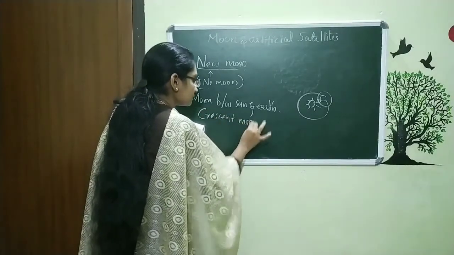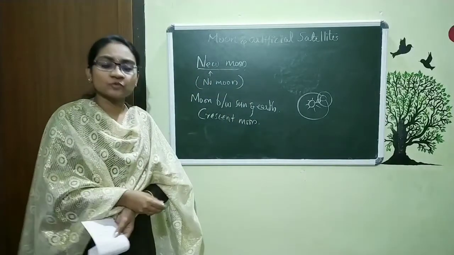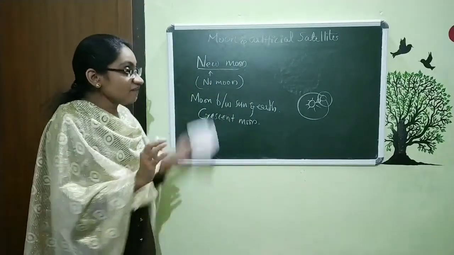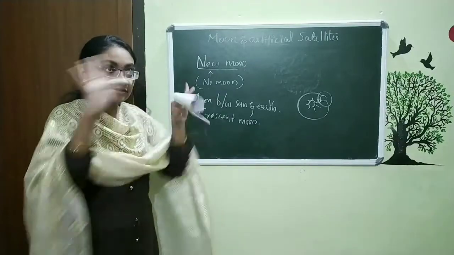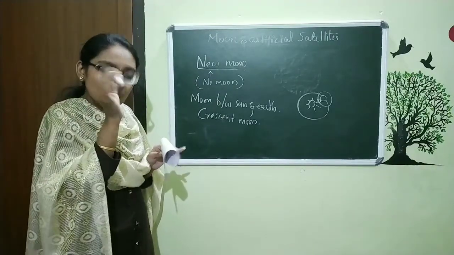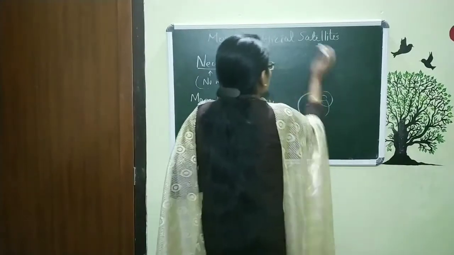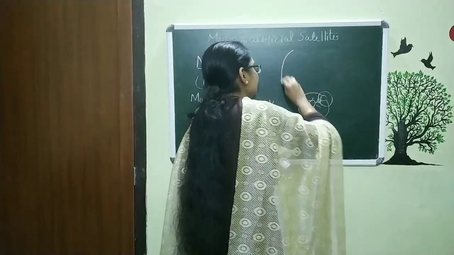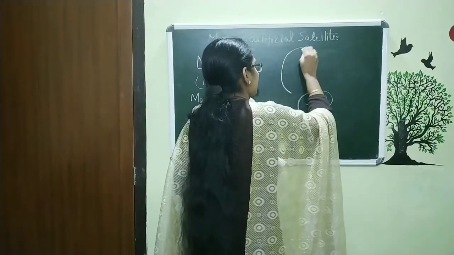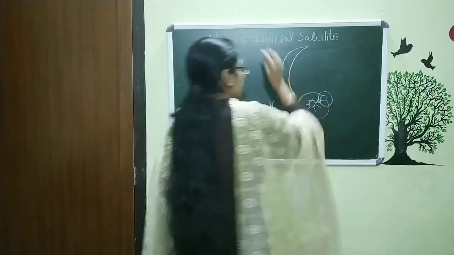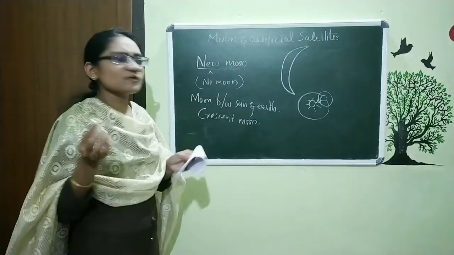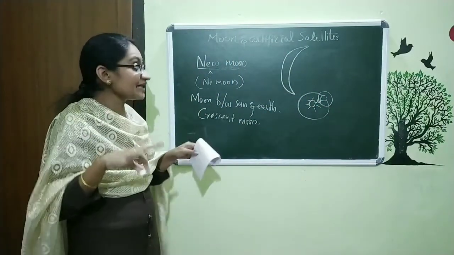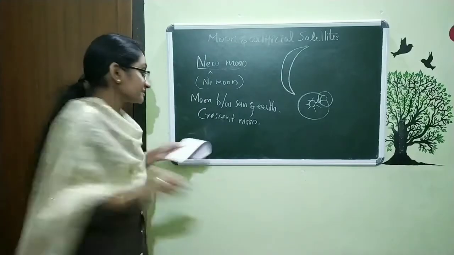Crescent moon. What is this crescent moon? After the new moon, which means the absence of moon, we can see a small moon in the sky. That is the crescent moon.